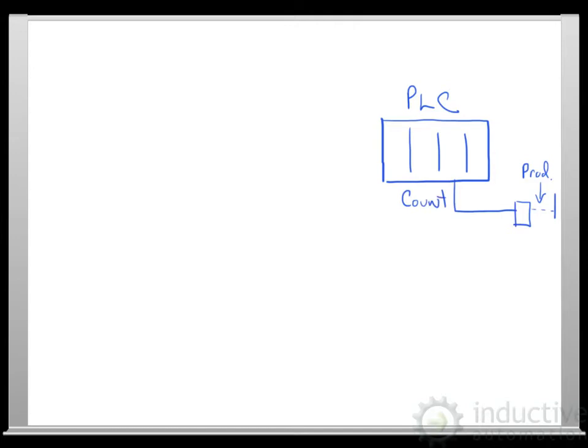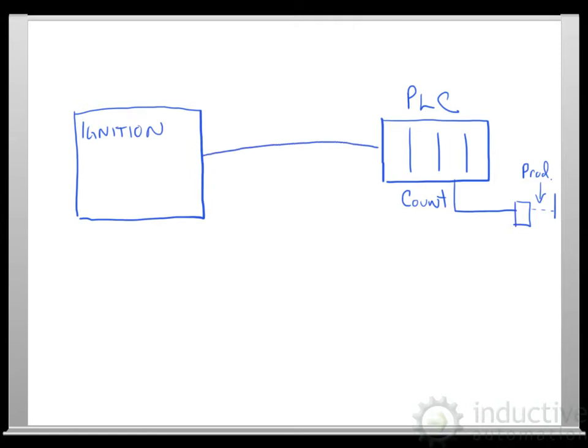And Ignition is over here, and we're communicating with that PLC back and forth. We're asking for, let's say that count was in address N100:0. So we get that count value over here and we use that in production.